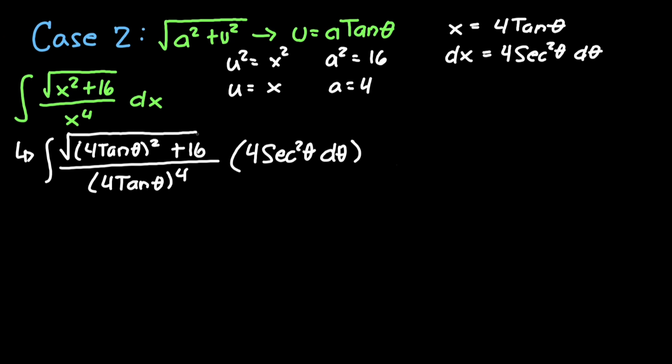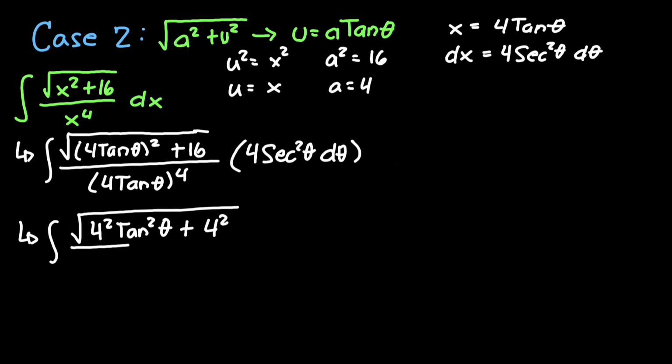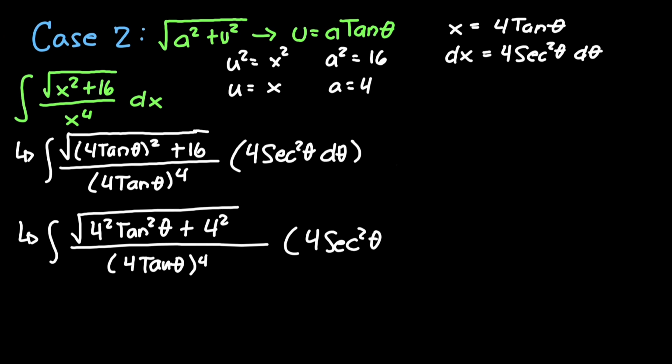And now what you're going to do next is to simplify it first, or factor some of it. And so it would be the square root of 4 squared tangent squared of theta plus 16, right here is 4 squared, over 4 tangent of theta raised to the power of 4 multiplied by 4 secant squared theta d theta.